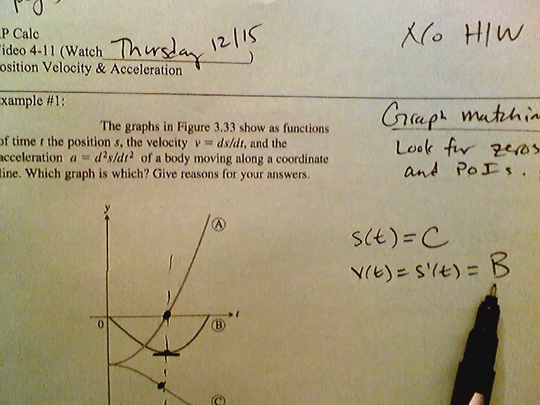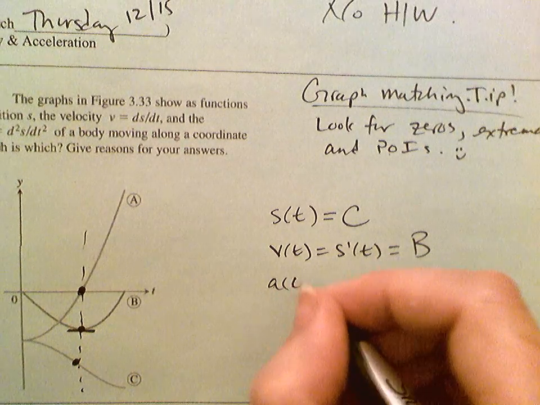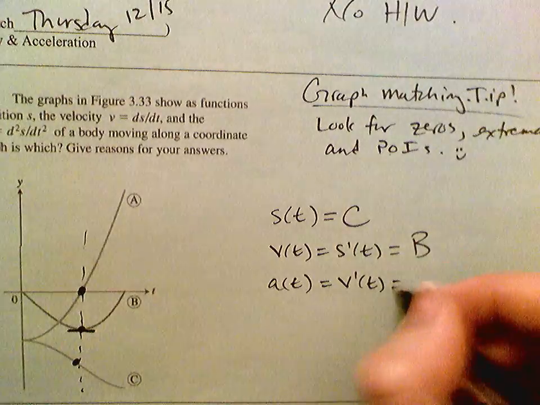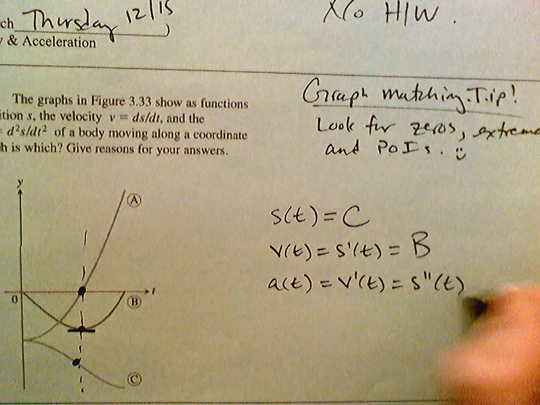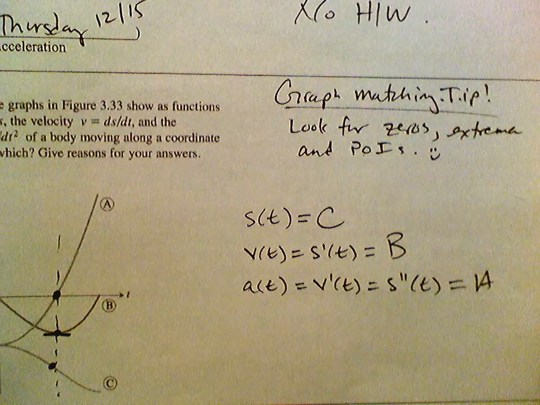I had the local extrema on that one. And then the acceleration graph, which is the same as v prime of t, which is the same as s double prime of t, is that one, A.